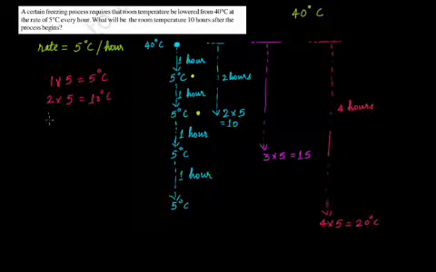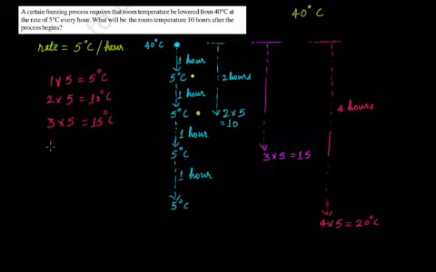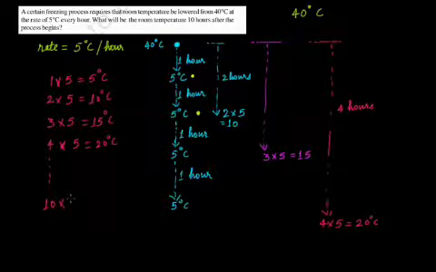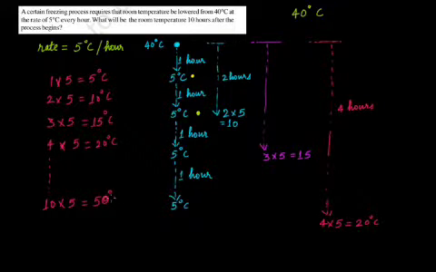After 3 hours it will be 3 times 5, that is 15 degrees Celsius drop. After 4 hours the temperature drop will be 20 degrees Celsius, going by this pattern. After 10 hours the total temperature drop will be 50 degrees Celsius.